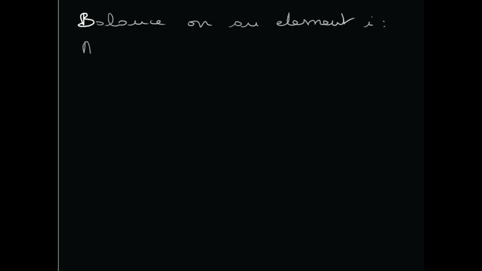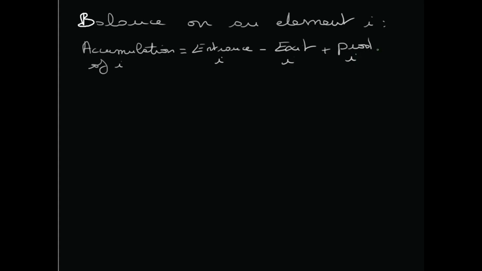We will call it I. Accumulation of I is equal to entrance of I minus exit of I plus production of I, if we have production of I, minus consumption of I, if we have consumption of I. It will depend on the element, whether it is a product, or a substrate that is consumed.